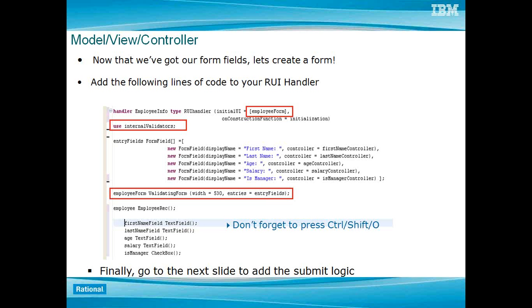And the entries, what are the entries that will appear on this validating form? In the entries field, we will be providing our form field. So this is the form that will be validated using this validating form. So this validating form will validate our form field, and form field holds our controller, and controllers have information of both model and view.